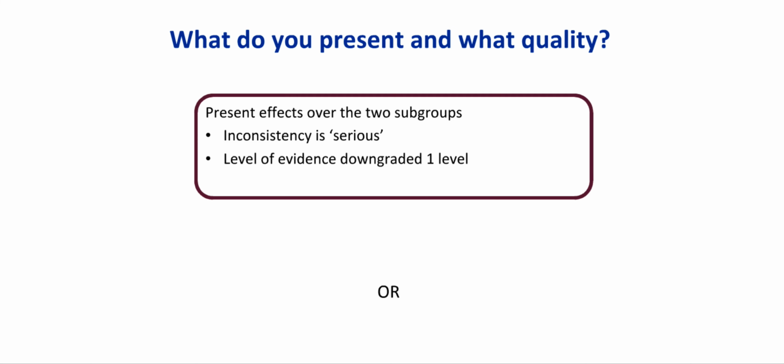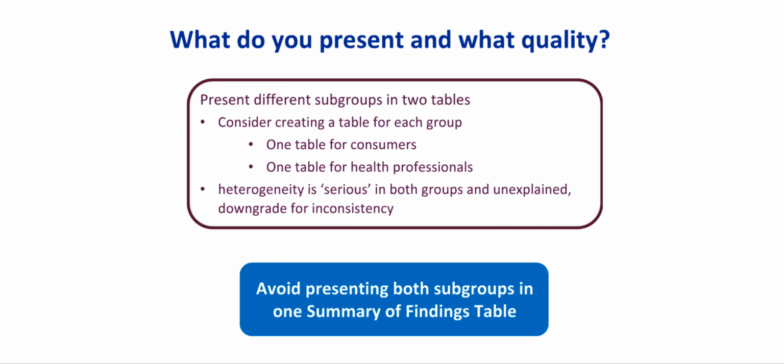Question remains how this information should be presented in a summary of findings table. It is possible to present the effect over the two subgroups and label the inconsistency as serious and downgrade the quality of evidence by one level. The alternative is to present the different subgroups in two tables.